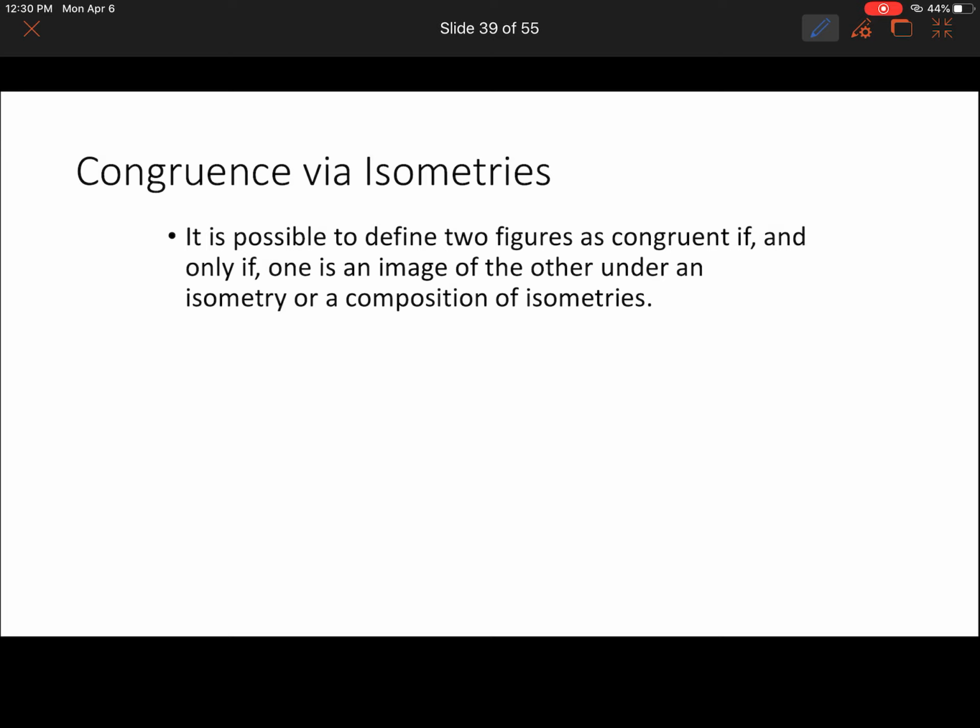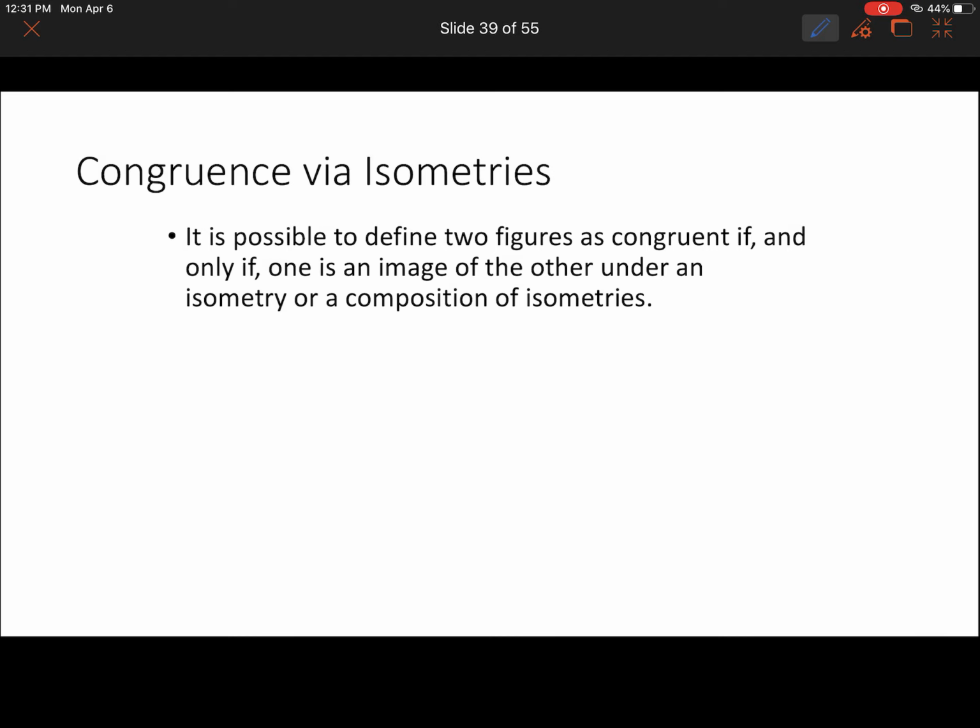And so our little note here says it's possible to define two figures as congruent if and only if, again, there's that statement, it goes frontwards and backwards, one is an image of the other under isometry or a composition of isometries, meaning that if you can do a translation, or you can do a translation and a reflection, or a translation and a reflection and a rotation, then it is considered to be congruent.